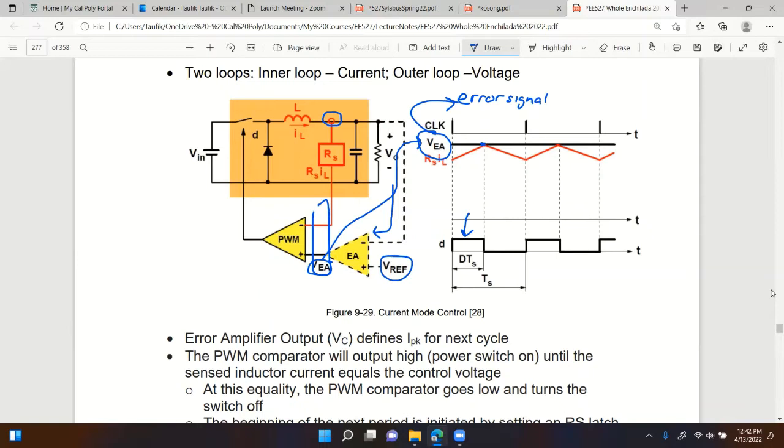Once it hits that threshold, that limit right there, then turn off the switch. So now it discharges.